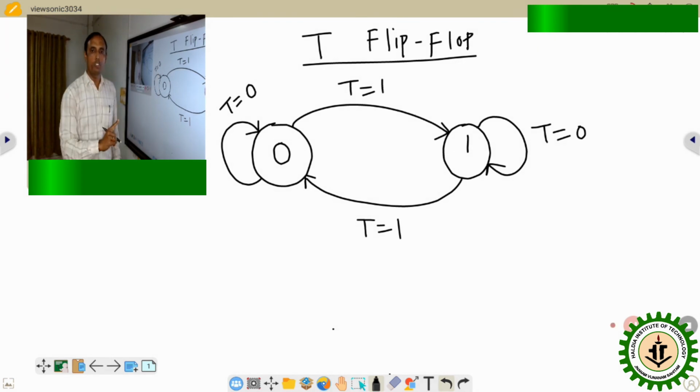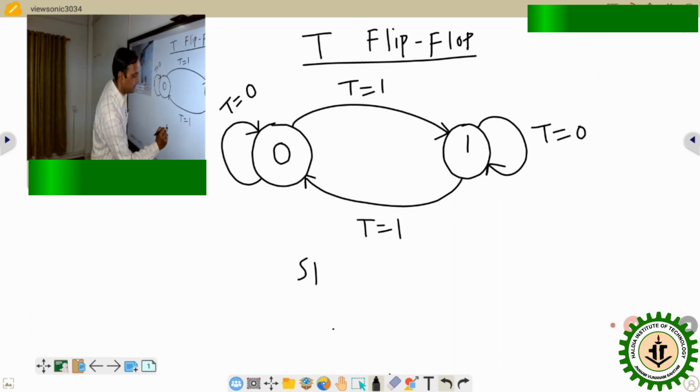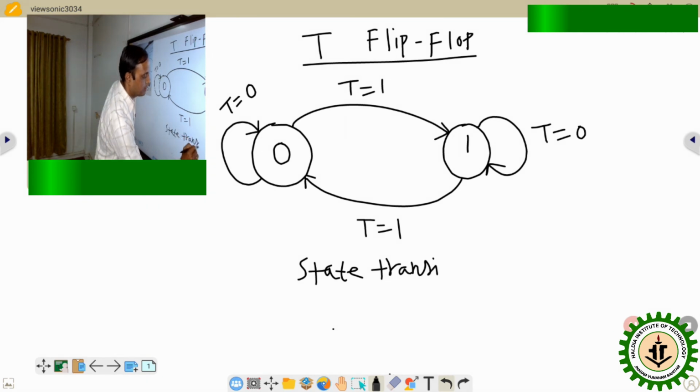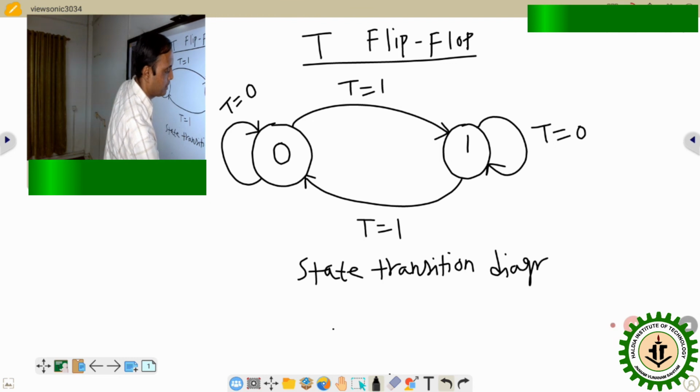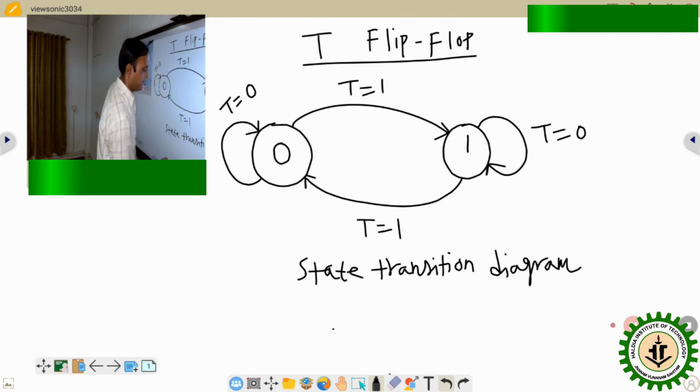That means T equals 0 is unchanged, and T equals 1 means it is changed. So this is the state diagram of the T flip-flop.